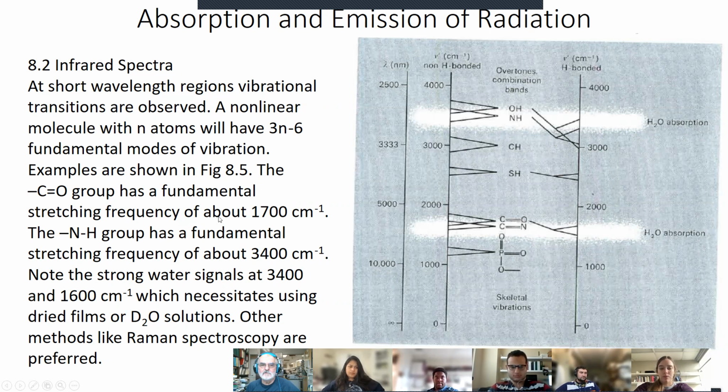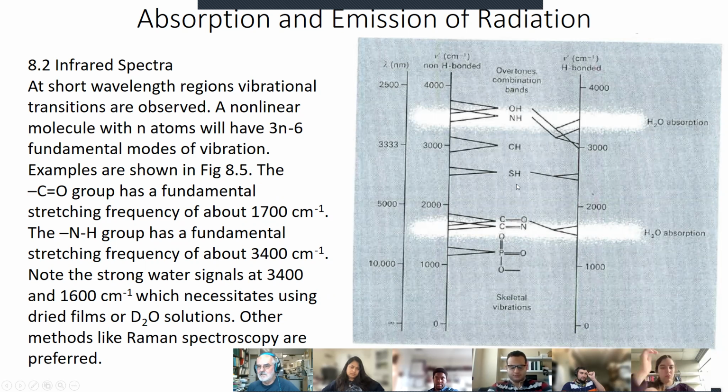All right, and then you can see that things like C double bond N or phosphorus groups are in adjacent positions. But you can see that all of the typical groups that we might see in a macromolecule, a hydroxyl, an amine, a CH, an SH, all of these are accessible at different wavelengths, at different wave numbers.